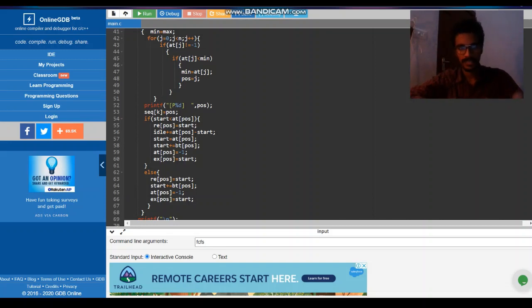And then idle plus equal to the position minus start. Start is equal to AT of position, and the burst time of position plus start, they both get added and the value gets entered into start. AT of position is equal to minus 1, and the execution time is equal to start.